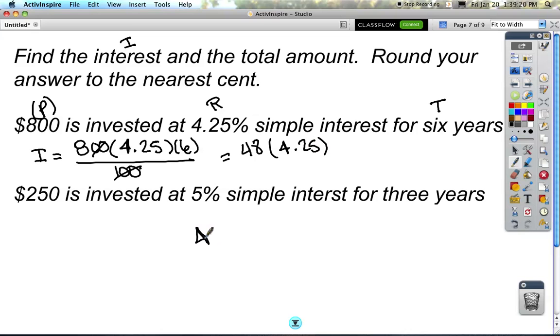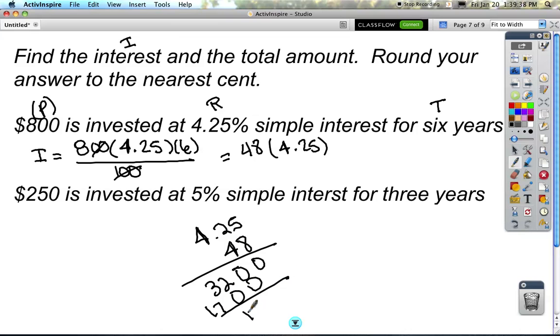Now everybody look up here, because if I had no calculator, I would have to do this by hand. I believe it's 200, no, that's supposed to be a 34. $204.